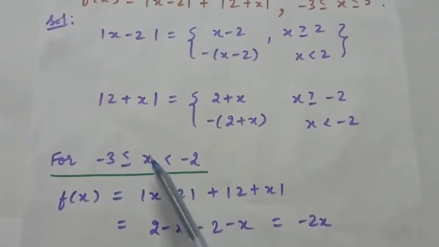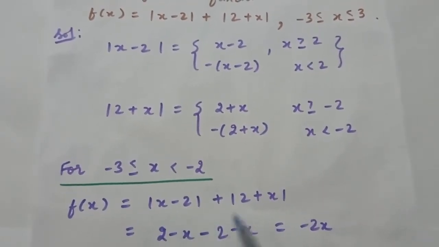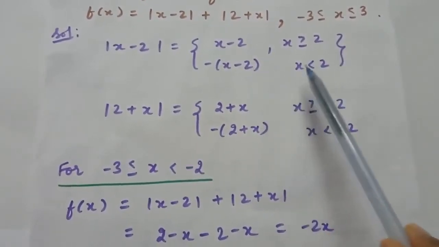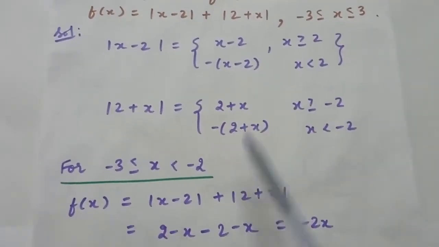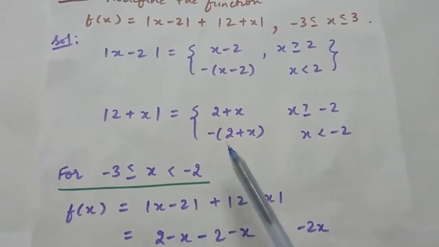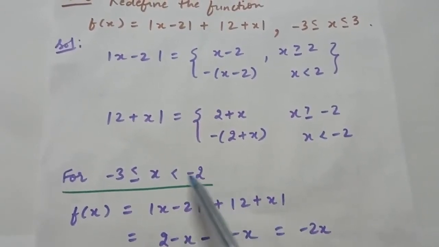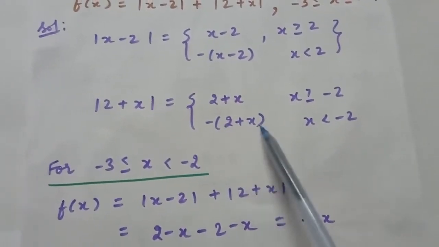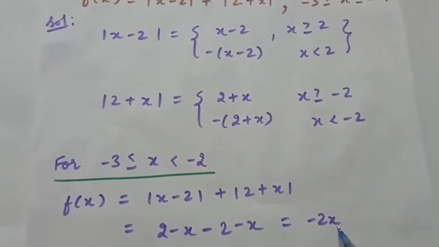Now for this range, |x - 2| will be, because x is less than 2, obviously -2 is less than 2, therefore we will take the function -(x - 2), that is 2 - x, plus the function |2 + x|, here x is less than -2, so we will take -(2 + x), that is -2 - x, so you will get the answer as -2x, right?